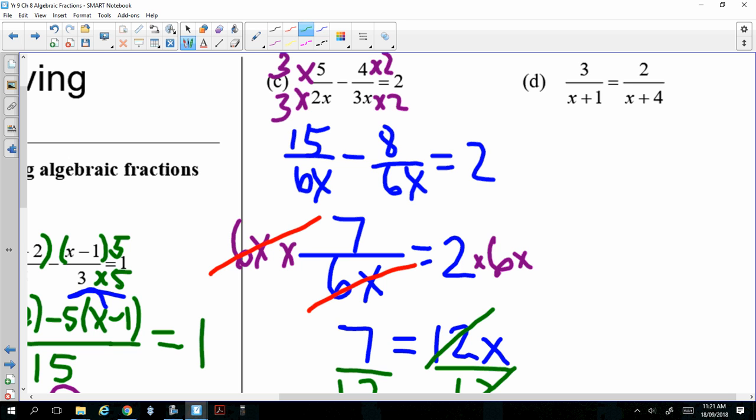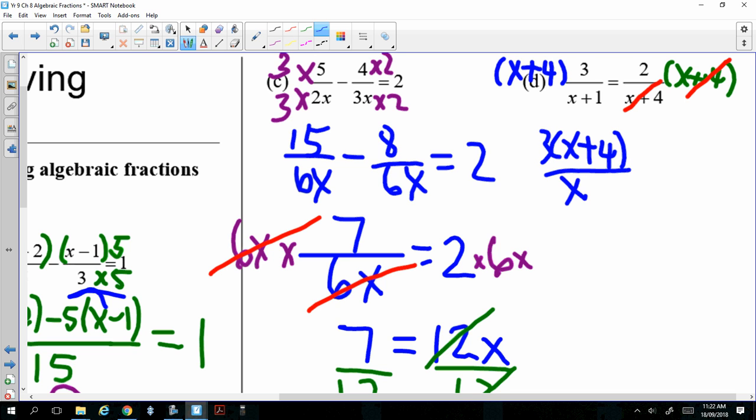Let's say we get rid of the x plus 4. So we multiply both sides by x plus 4. That will cancel the one on the left. And on the right, you will have 3 times x plus 4 over x plus 1, but on the other side, the denominator is gone.